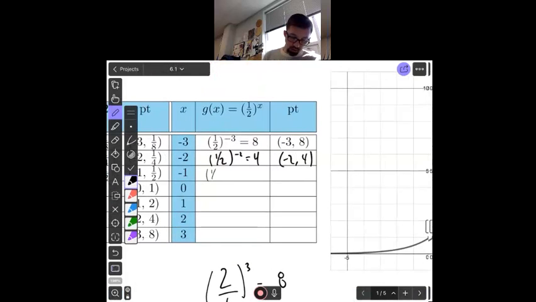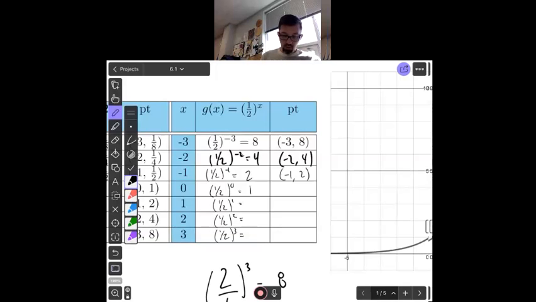So I'm just going to write out a bunch of these here. That's a 2. One-half to the negative 1 would just flip the fraction, then raise it to the first power. So 2 to the first power, of course, would just be 2.